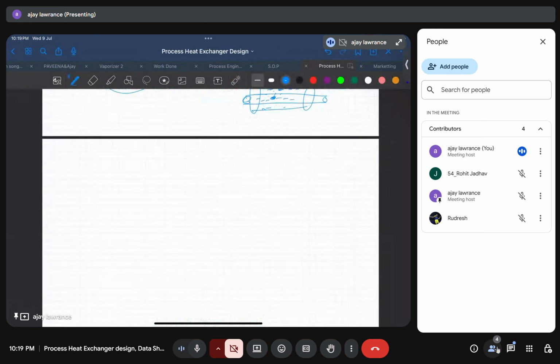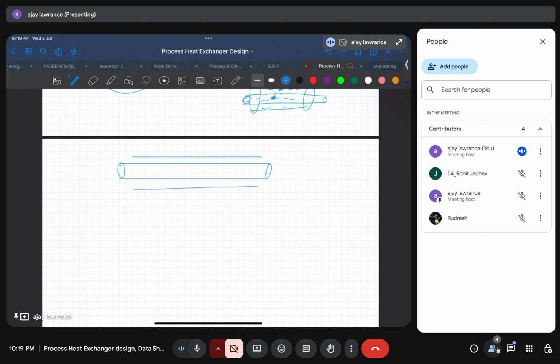Think that there is a heat exchanger. This is a double pipe heat exchanger. Here you can write hot fluid, and this is cold fluid.